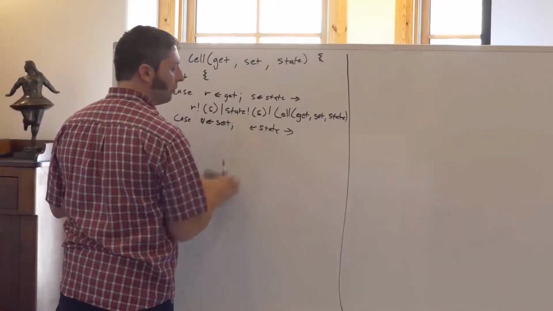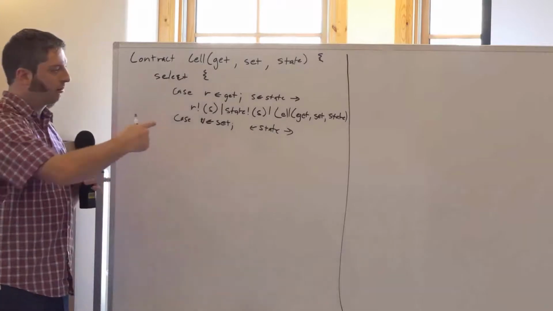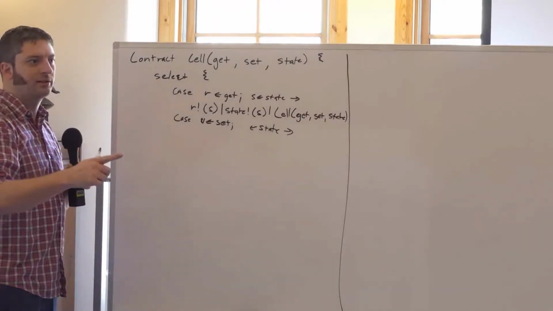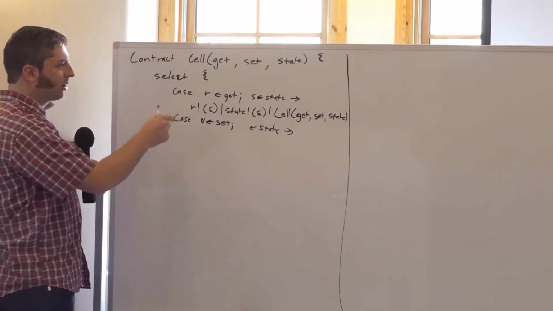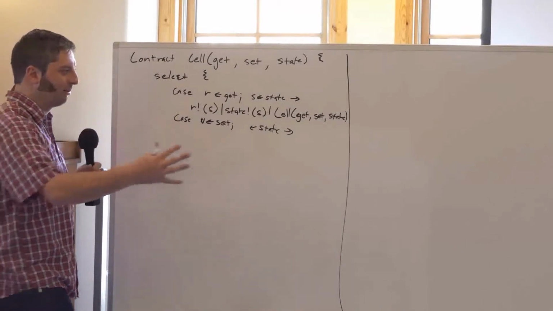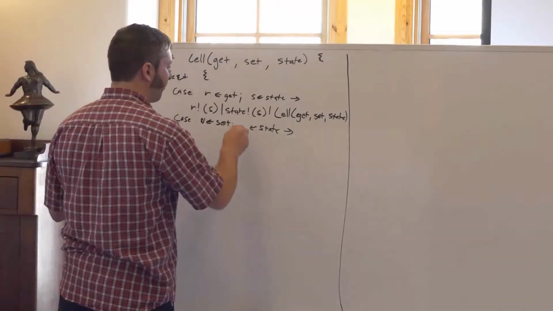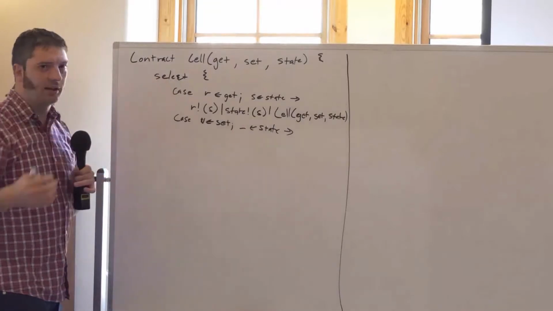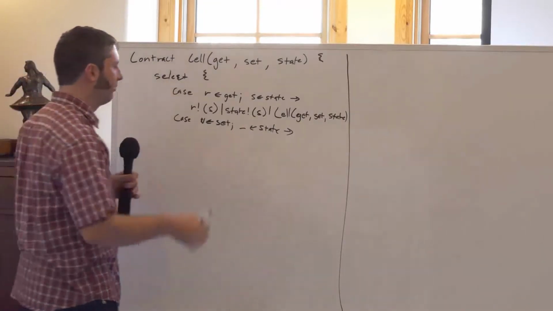For this part, yes. We're going to tweak this over and over until it becomes the thing that we want. But for now, yes, we're kind of using it like an MVar in Haskell, if you're familiar with that.